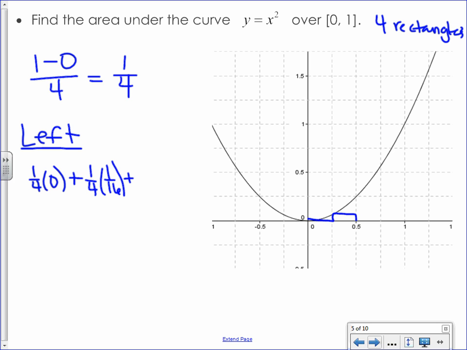Okay. Our next rectangle is going to have a height when x is 1/2. Right? So when we plug 1/2 in, what's our height? And then our fourth rectangle is going to have a height when x is 3/4. So our height is 9/16.